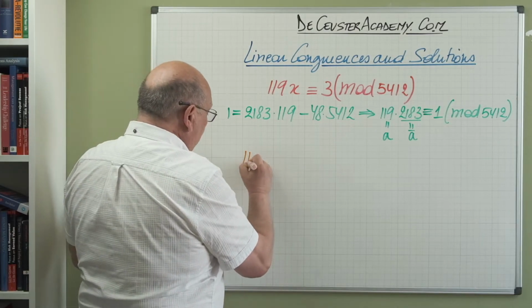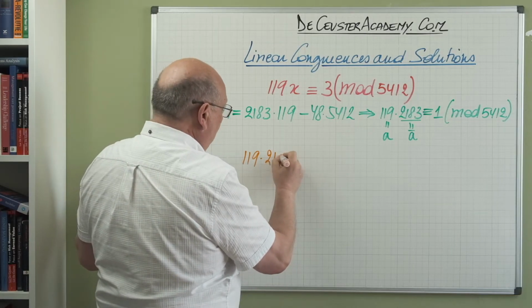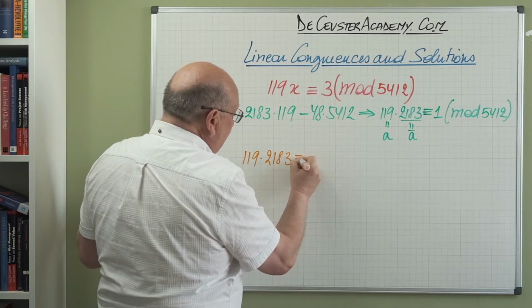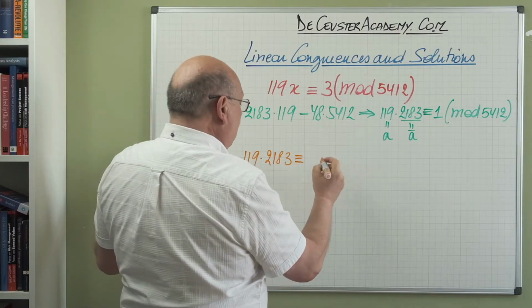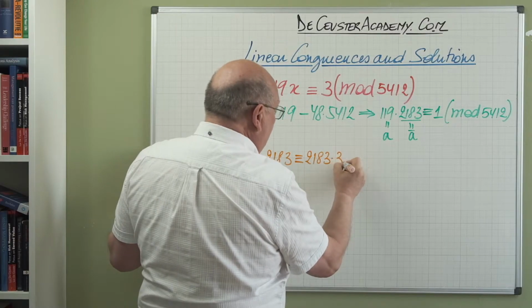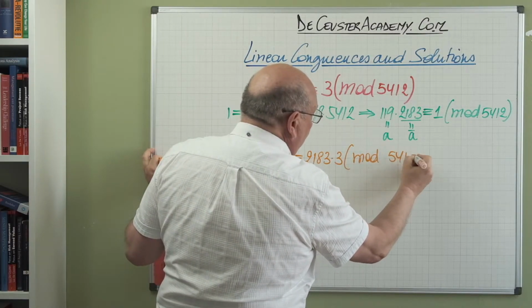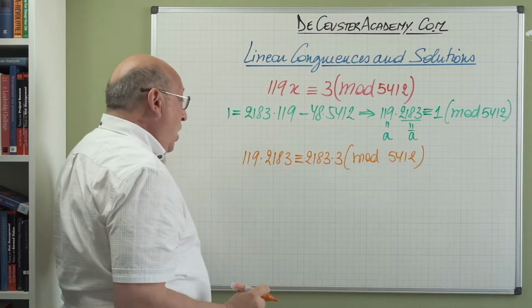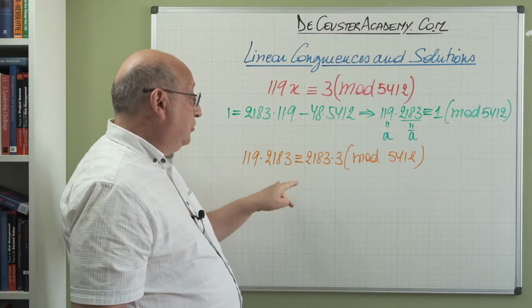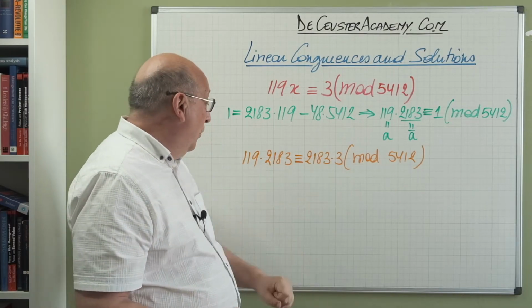So we find that we have 119 times 2183 is congruent with 2183 times 3 modulus 5412. Now we know that this modulus 5412 is equal to 1.